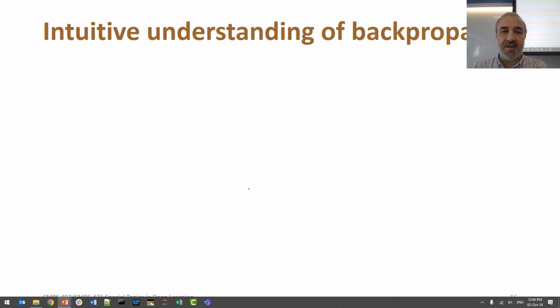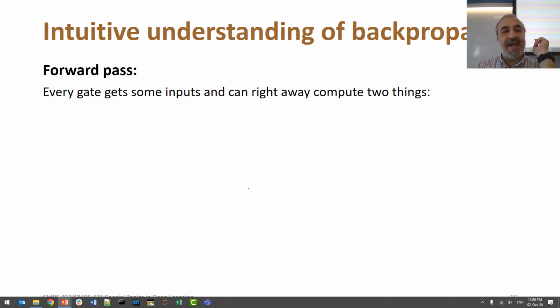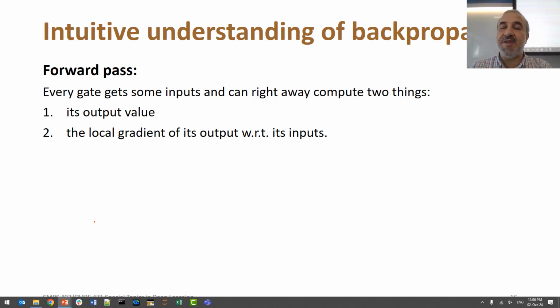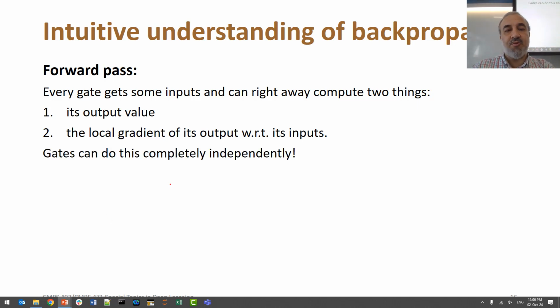Here's the summary of the intuition. In the forward pass, every gate gets some inputs and can right away compute two things. The first thing is the output value for that gate and the local gradient of the output with respect to its inputs. And we can do that completely independently.